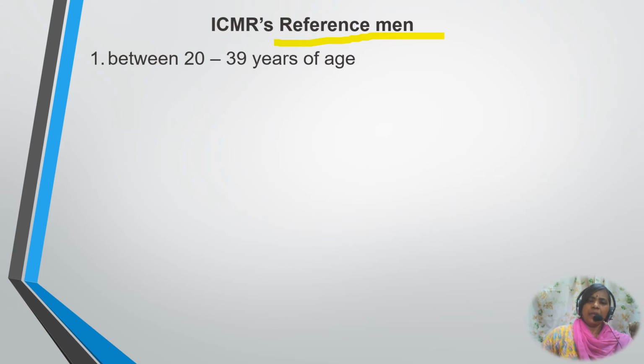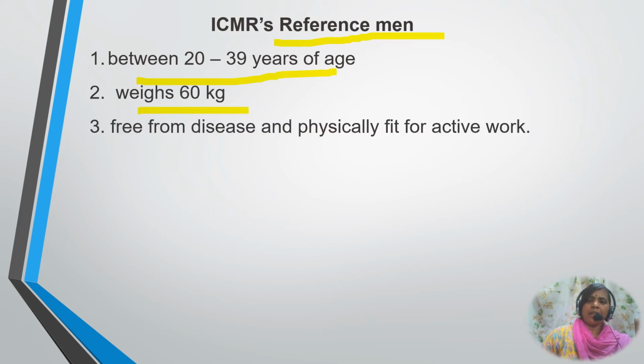Now coming to the reference man, ICMR's definition of a reference man is the age group between 20 to 39 years who weighs 60 kg, free from any disease. So remember, here we are talking about only healthy people.